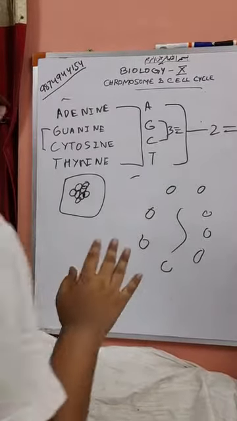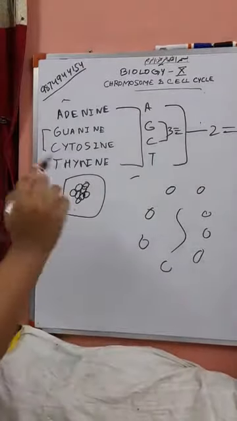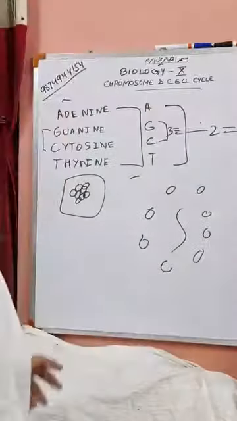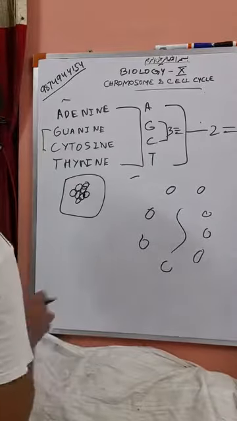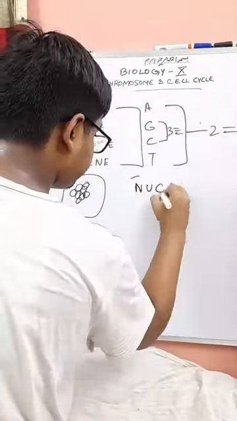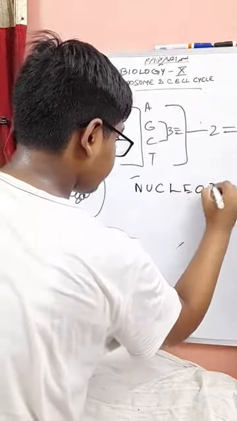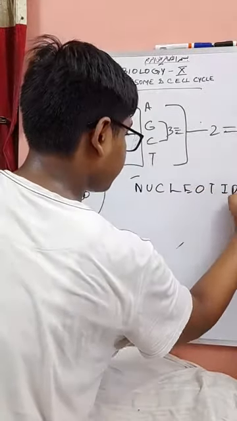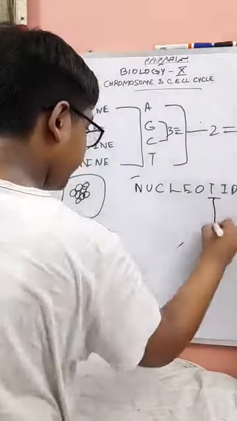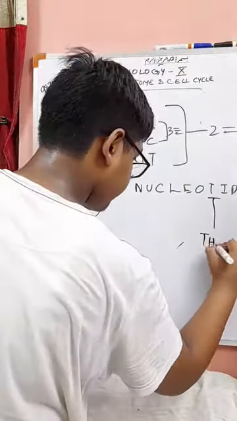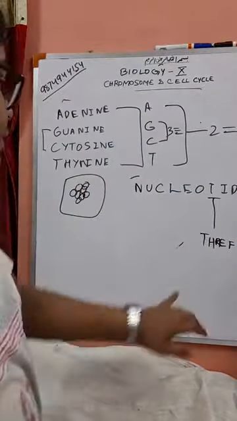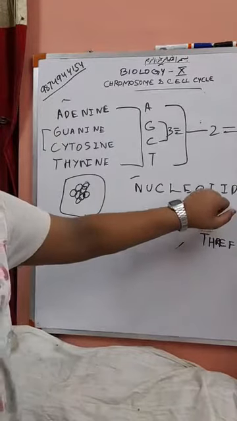Now, nucleosomes and nucleotides. Nucleotides. This is the spelling. It has three components within it, and this T, which we will refer to as 3, will show us that this T we need to find out.